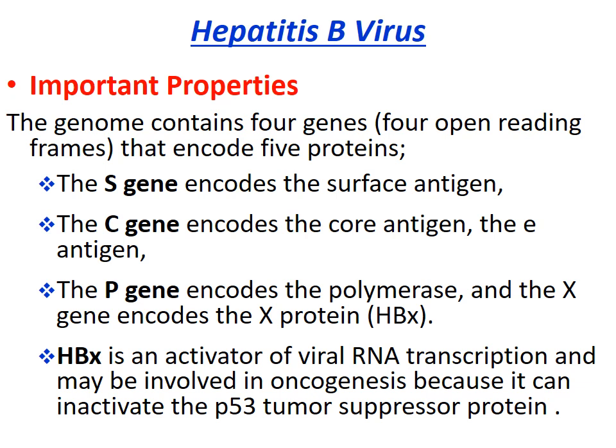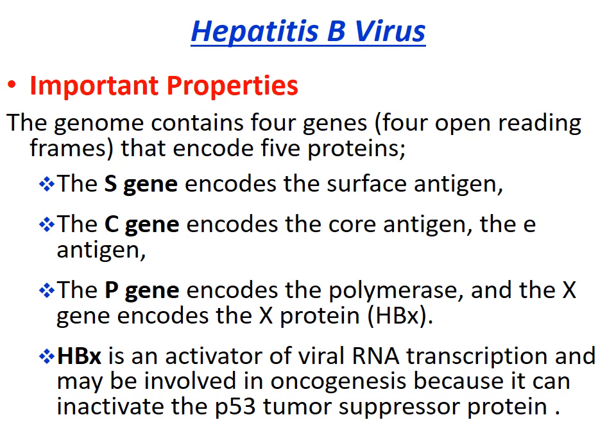The genome contains 4 genes, 4 open reading frames, that encode 5 proteins. The S gene encodes the surface antigen, then the C gene encodes the core antigen and also the E antigen.